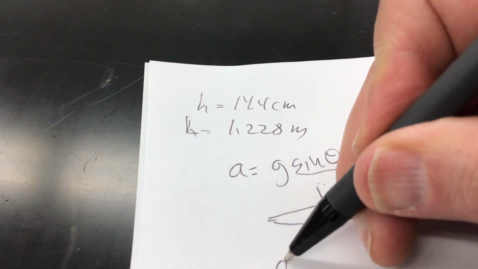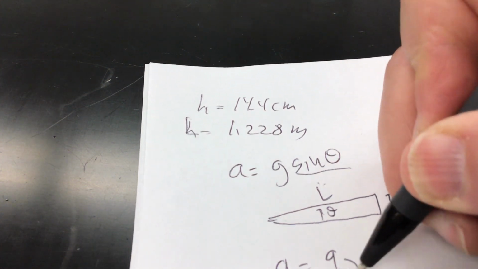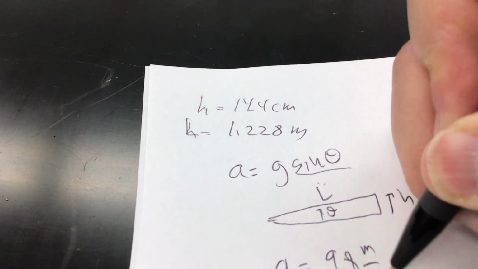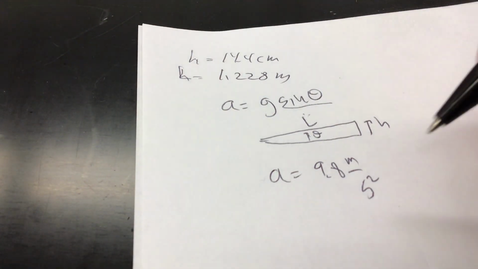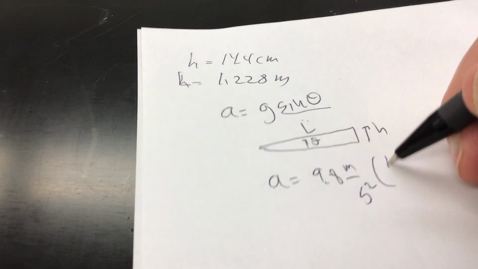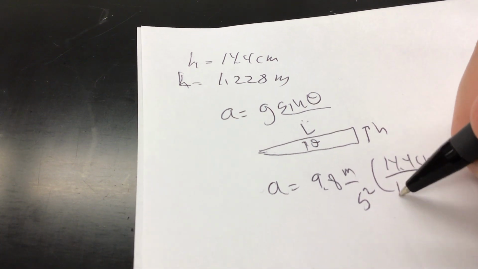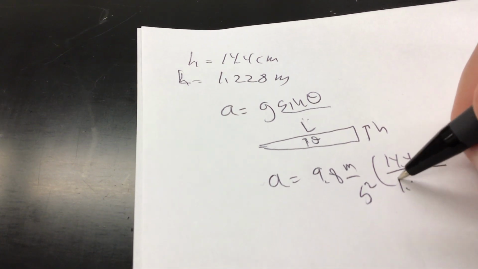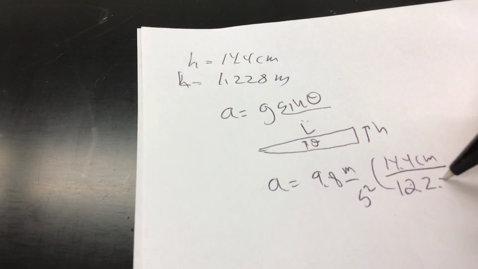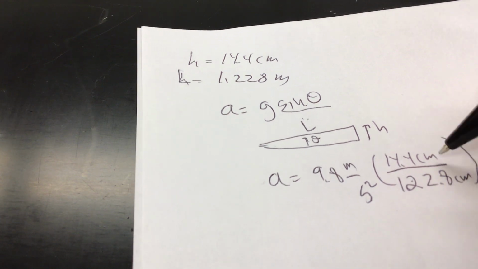So what we can do to find the acceleration is take g, which is 9.8 meters per second squared, multiply it by sine of theta, which is the opposite, 14.4 centimeters, divided by the length, which is 122.8 centimeters. You have to make sure you're in the same units.